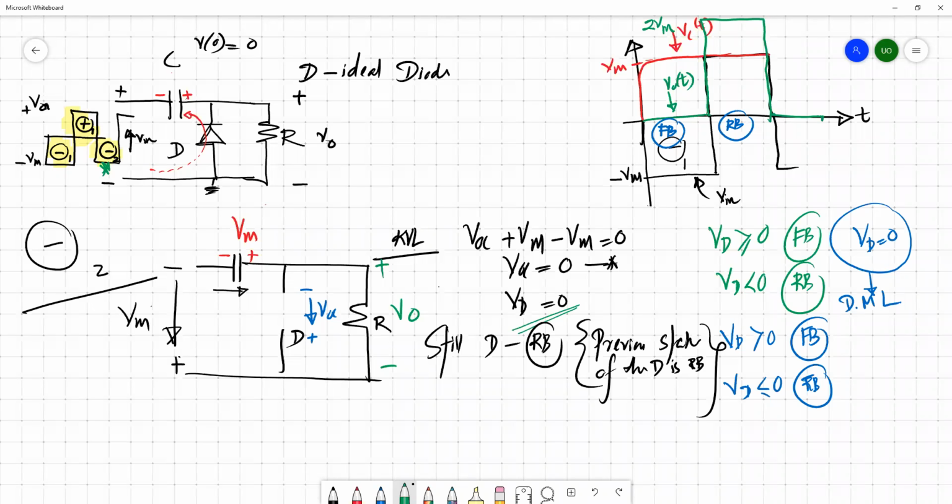So similarly, if you consider the second positive cycle as well, you can find that the diode is still reverse biased. But the circuit seems to be forward biased. How do you say the diode seems forward biased?